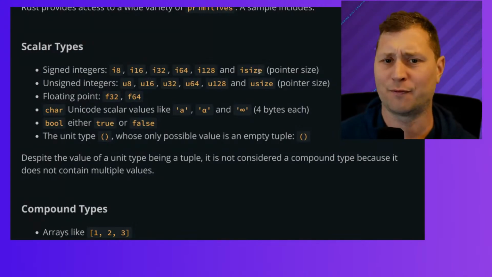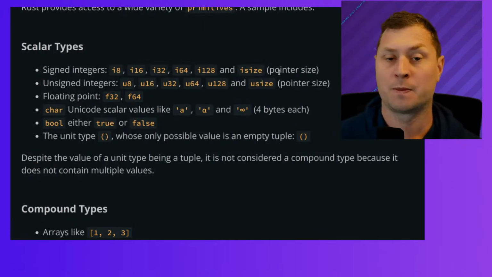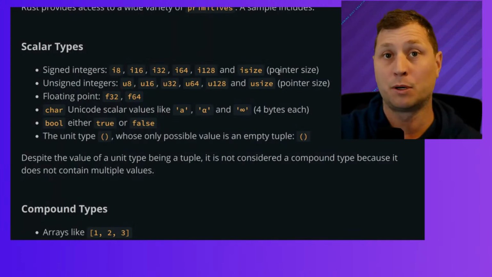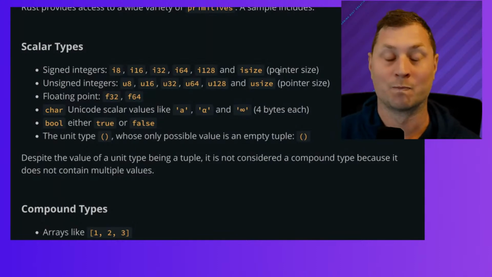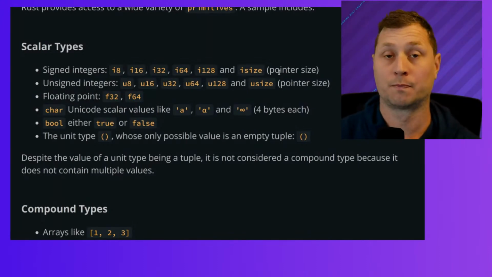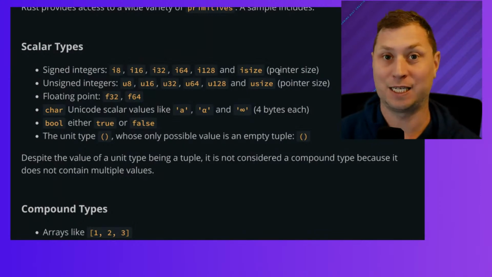There are these slightly odd looking integer types, which are isize and usize. The size means the number of bits that is relevant for your CPU. Most computers that you use as a human are 64 bits.